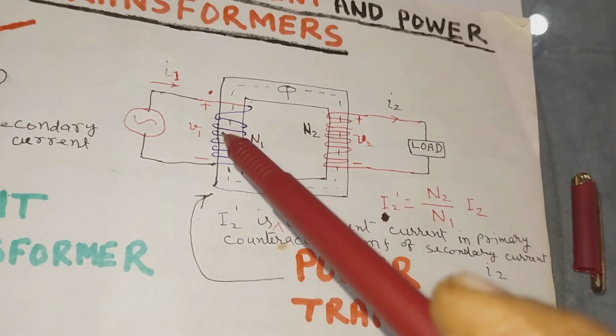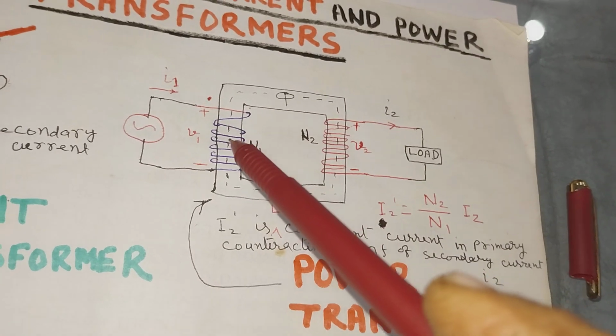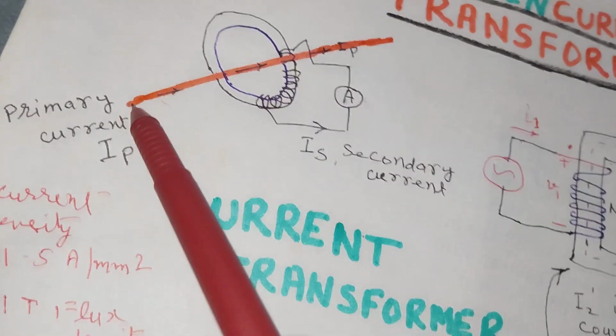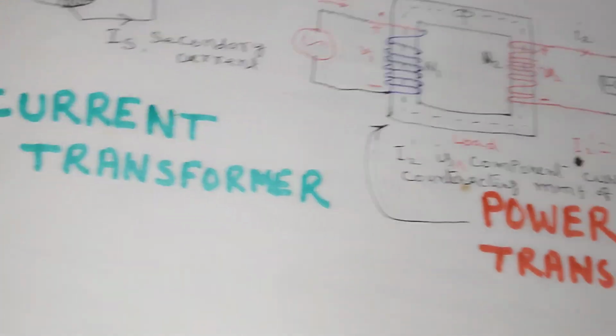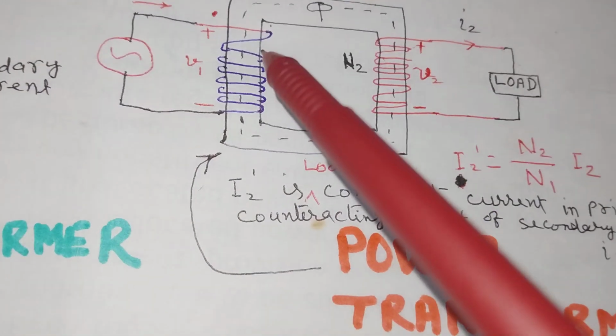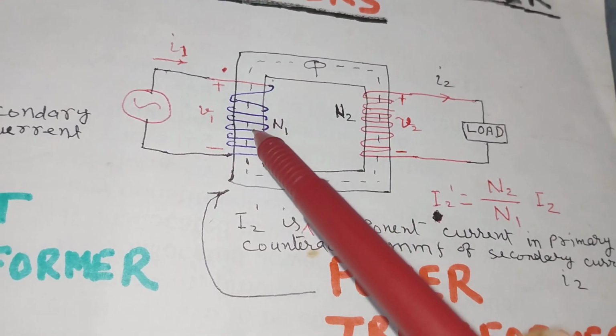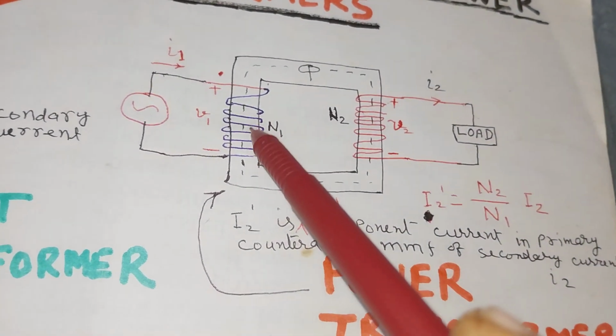It has many turns in the primary in contrast to CT where there is only one turn in the primary. The primary of a power transformer may have a large number of turns.